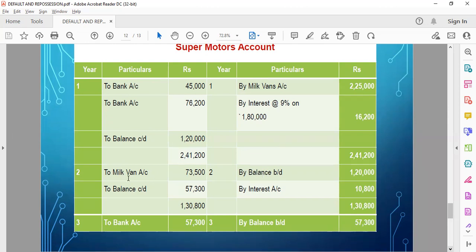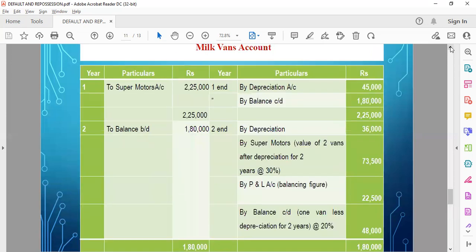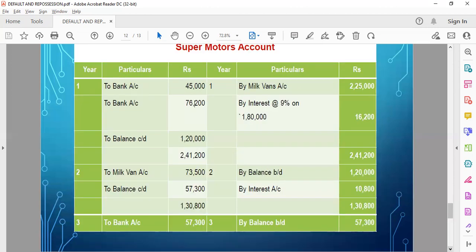Then we should take the cost of the milk van. Write to milk van 73,500, which we have already calculated. For that year the interest is 10,800, which I have already explained, by interest account 10,800.